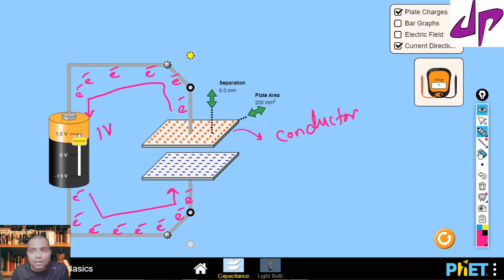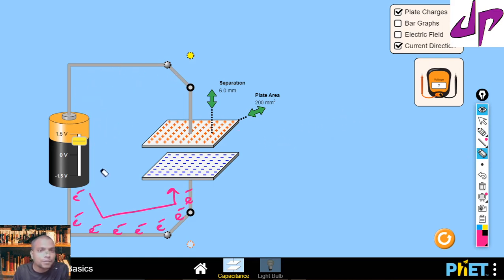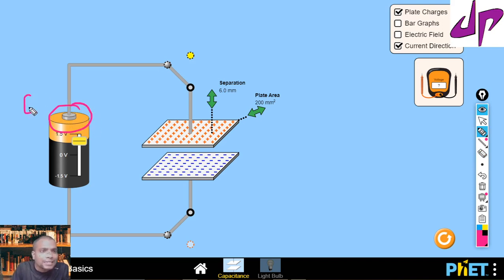And why did the electrons move? What could be the cause? Because we applied the potential difference here. This potential difference creates an electric field, and that electric field first interacts with the electrons within the wire.